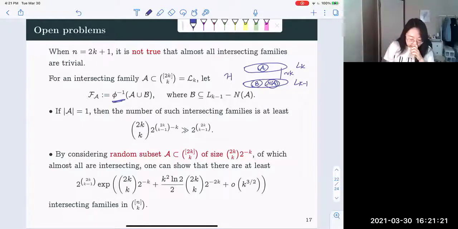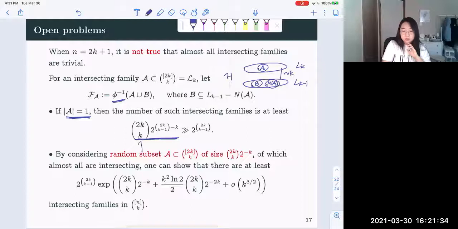Okay. And again, first let's think about when this A has size only 1. And a similar argument shows we can construct this many intersecting families. So the choice is for A, and you take the subset from the non-neighborhood. So a similar argument, but now the difference is this binomial is roughly 2 to the 2k, but here we only save k.